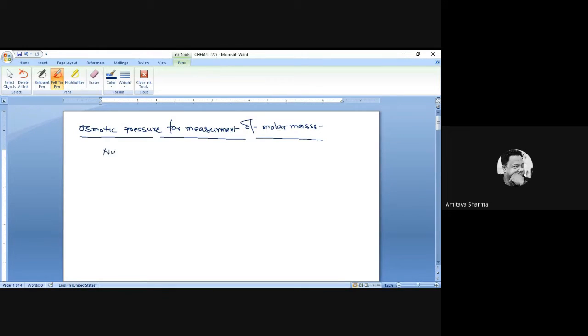It actually calculates the number average molar mass. So osmotic pressure is one of the colligative properties which is used to determine the number average molar mass.